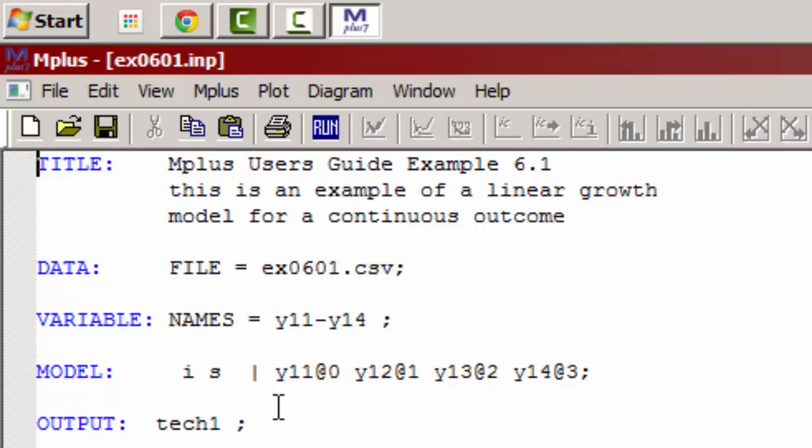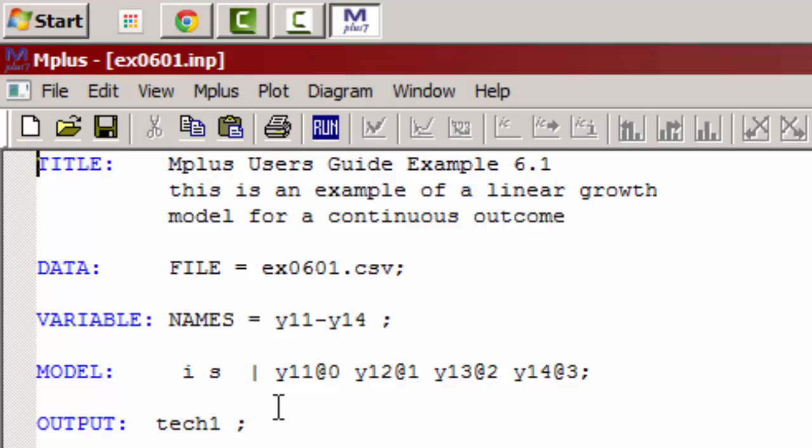The Mplus input file is where we give the commands to Mplus to run the analysis. The command structure for the file includes some commonly used commands, which here are shown as title, data, variable, model, and output. There are other commands, and we shall see some of them in future sessions.